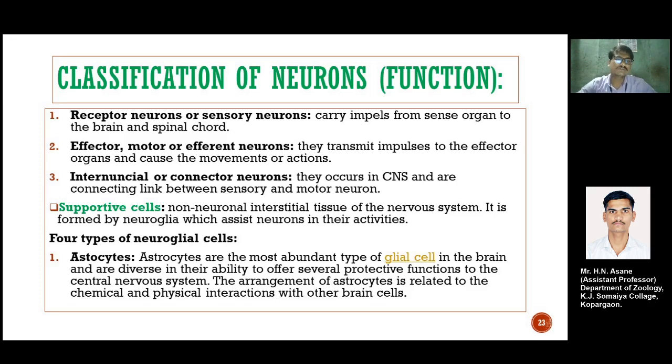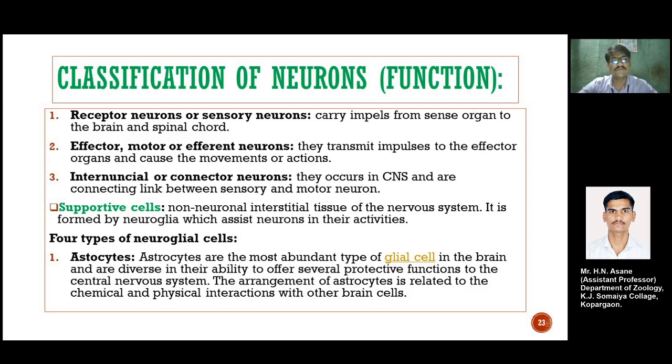There are some supportive cells which function with these neurons. That means they support the neurons. These supportive cells are non-neuronal cells. They are the interstitial tissue of the nervous system.